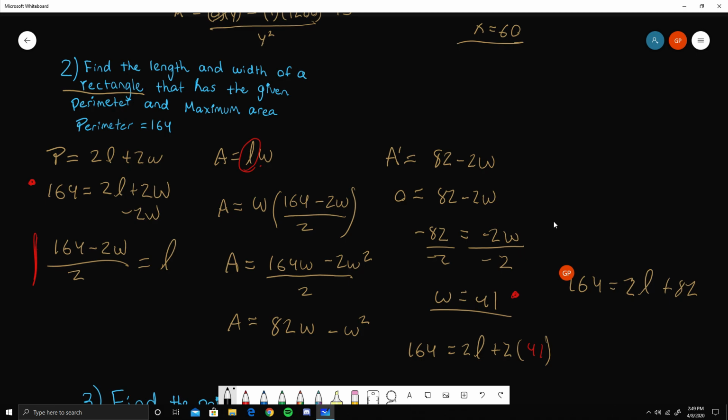So now I'm going to move the 82 over, and I'm going to get that 2L equals 82. And I'm going to divide by 2 to get that L is equal to 41. So now to answer my question, the values that give you the perimeter of 164 and a maximum area are 41 and 41.